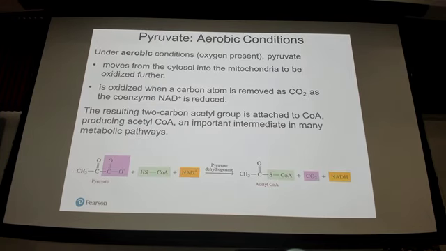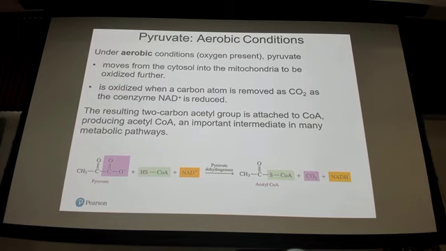So, as I mentioned, the TCA cycle occurs when oxygen is present. So what needs to happen first is that the pyruvate molecule that we attain from the final step in glycolysis is oxidized to acetyl-CoA. And what happens is, when it's oxidized by pyruvate dehydrogenase, it combines with the CoA moiety.